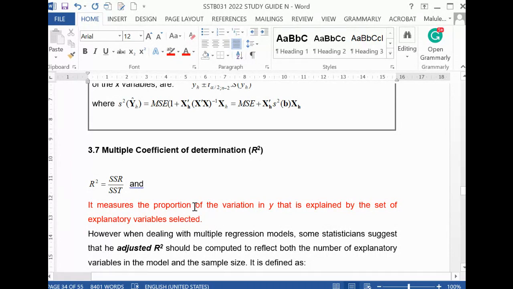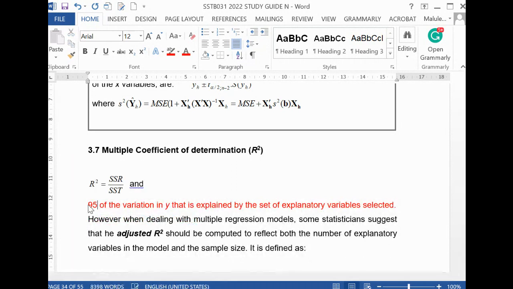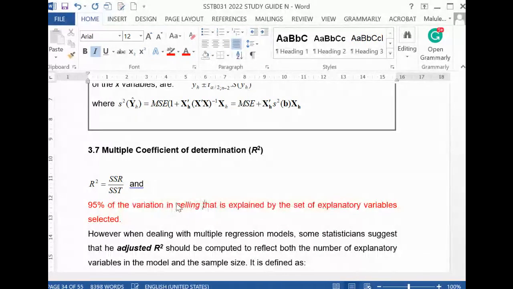So what you will do, you simply say that 95% is what you're going to say. 95% of the variation in the what? You should replace this one: selling price of the house. This is what you're supposed to say in the morning.